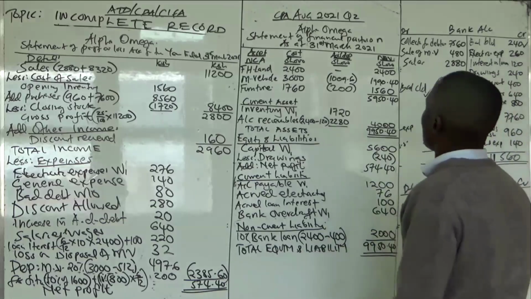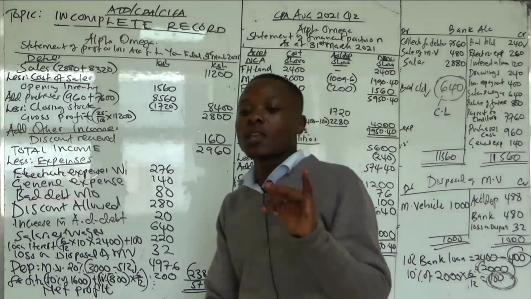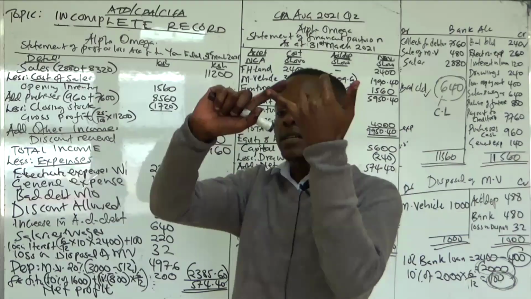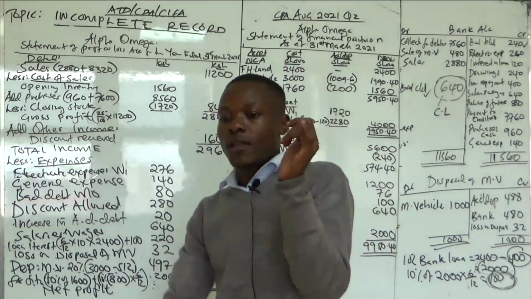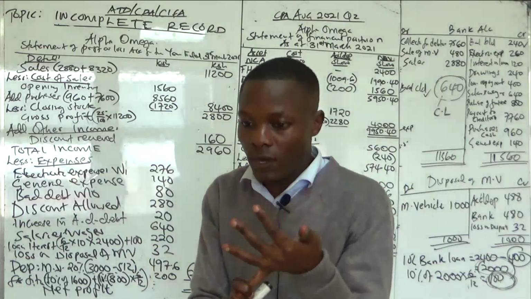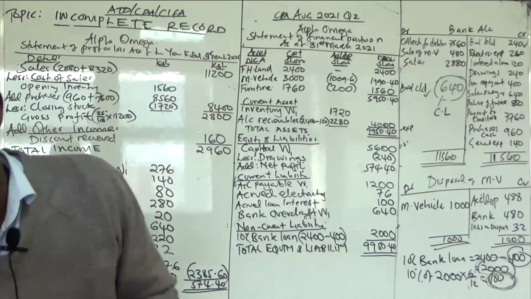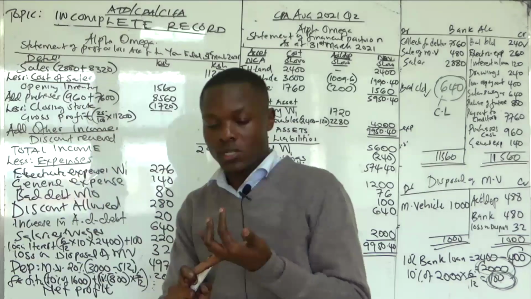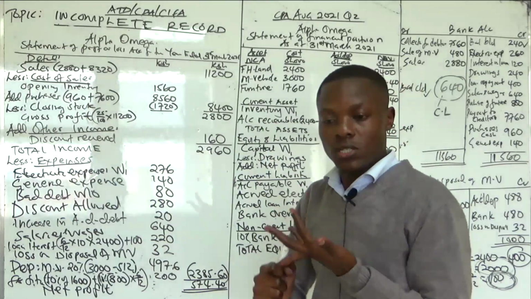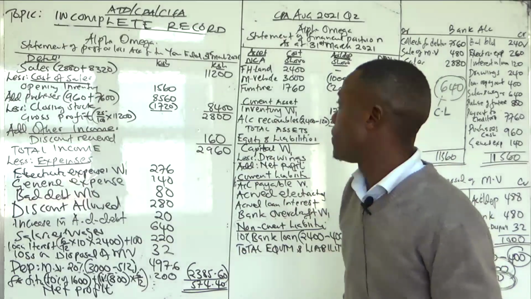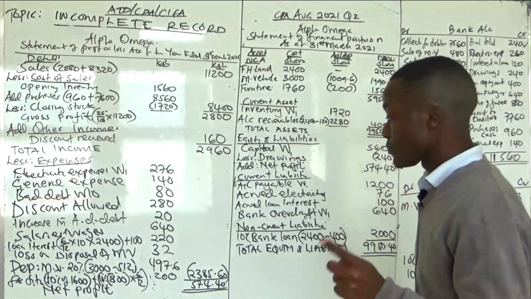Alafu after this you must make sure that in cash flow and ratios yenye tulifanya Saturday wataleta moja. Wakileta cash flow hawaleti ratio analysis. Therefore, wakileta ratio analysis hawaleti cash flow. Hiyo ni question 2.